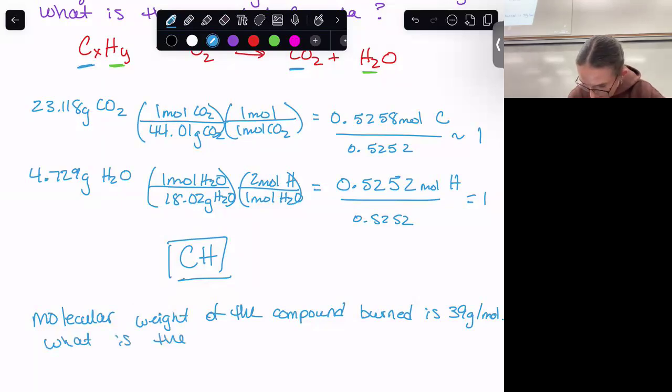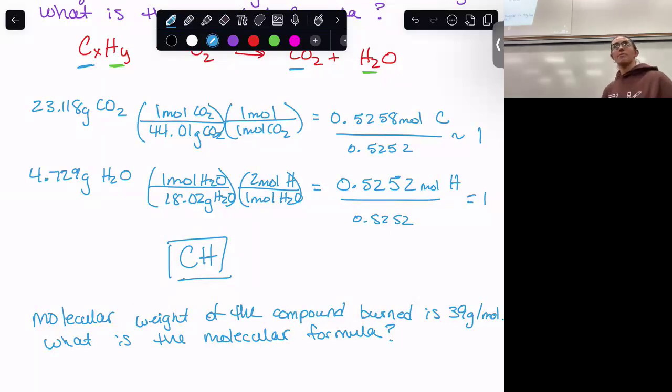What is the molecular formula? How would you solve that part of the question? Use your moles that you found in your carbon. We can do something easier than that.